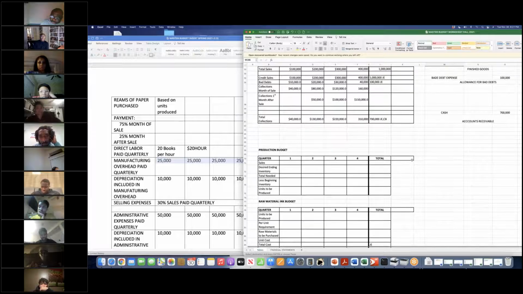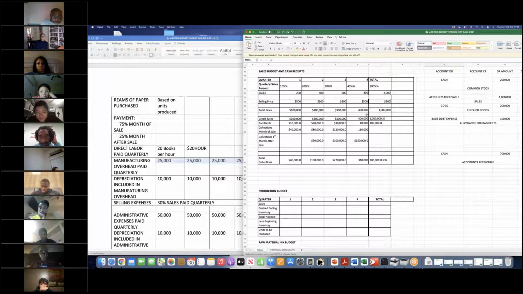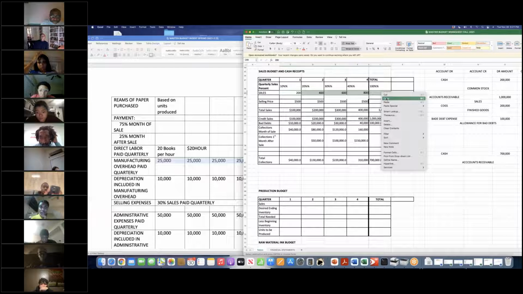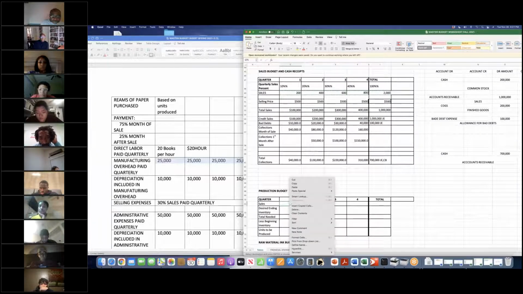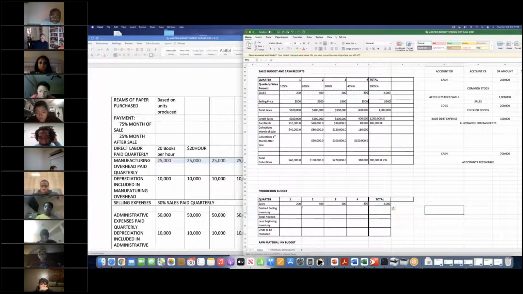So if we're going to sell 200, 400, 600, 800, you can't sell them unless you produce them. So the first line in the production budget is the sales quantity line from the sales budget. So we just bring that on down.